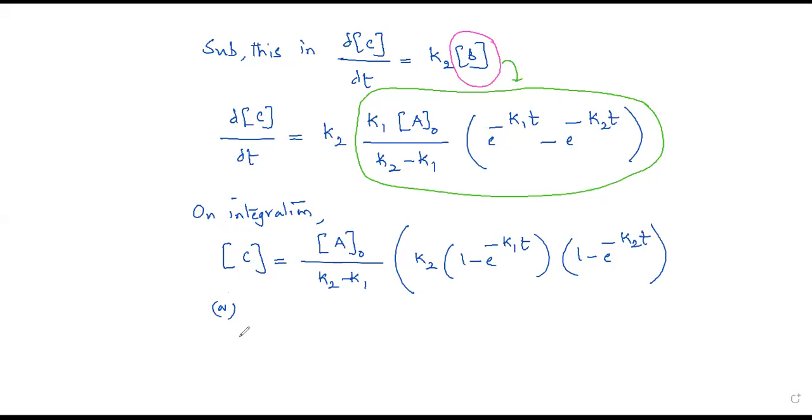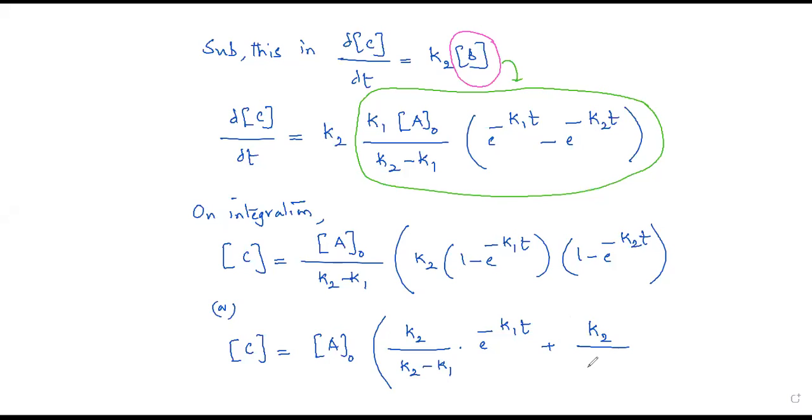Or of course, some modification will give us the concentration of C as A naught into K2 by (K2 minus K1) into e power minus K1t plus K1 by (K2 minus K1) into e power minus K2 into t.